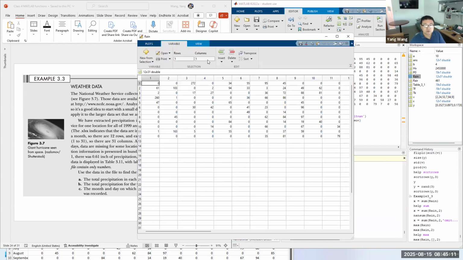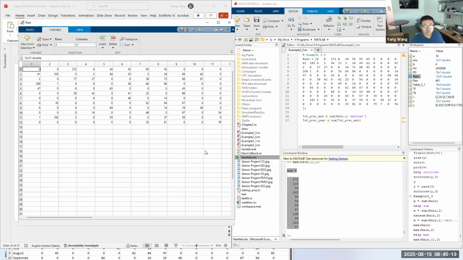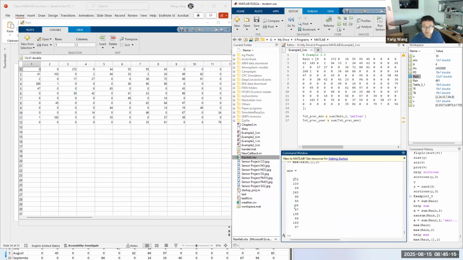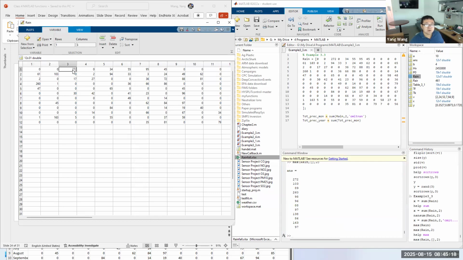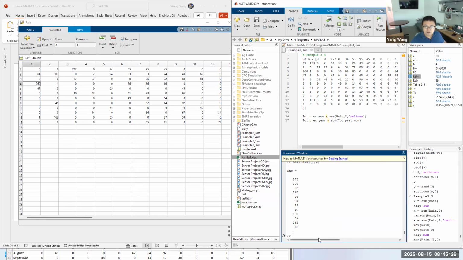If you check over here, it's because you have 12 rows in here, right? And then you have 272, and then 103, 89, 260, right? So these are the values that we can get. Now we can try to get value and location.